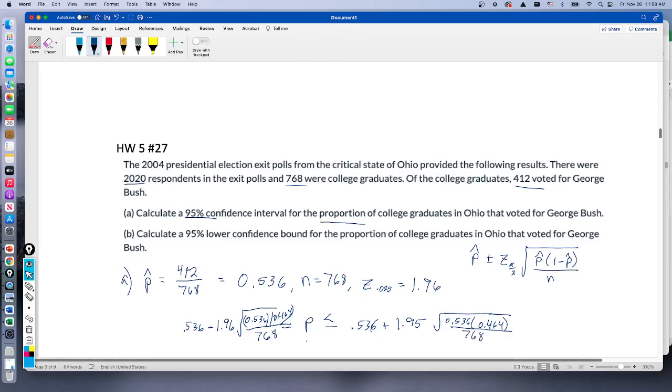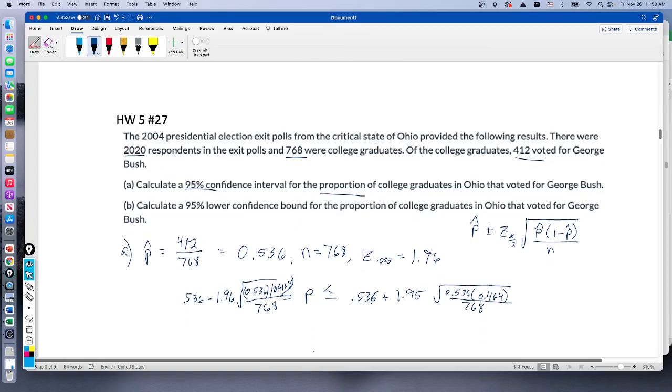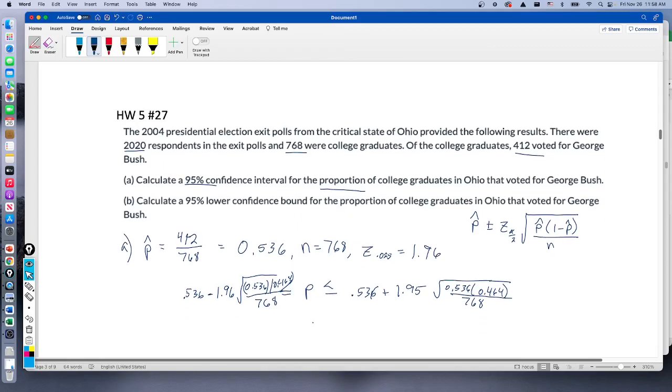We do the math and we find that our population proportion, the 95% confidence interval, is 0.501 to 0.571. So the proportion in the general population should be there.